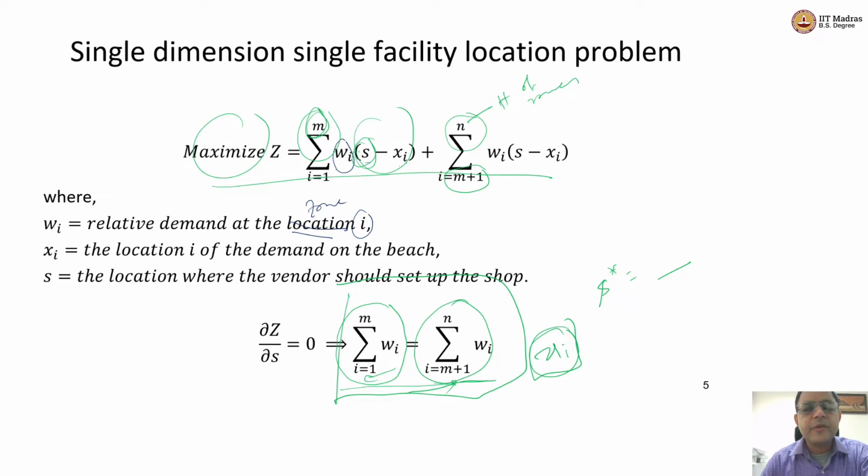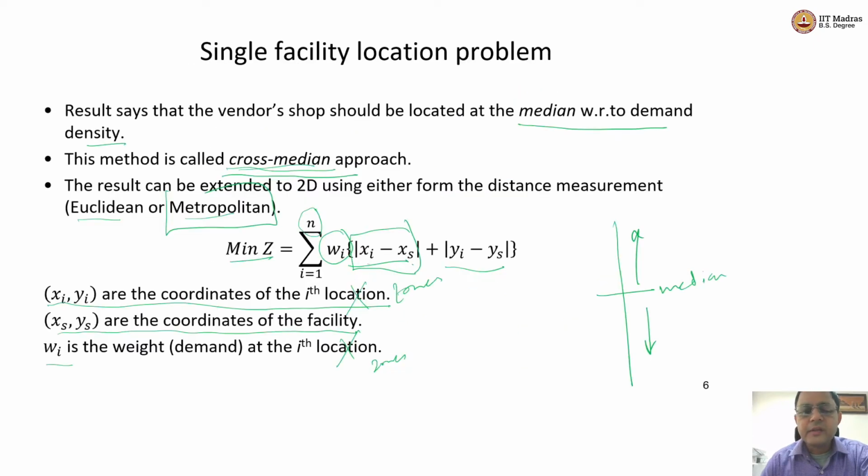Just that this objective was solved in a single dimension, and now we are trying to solve it in 2 dimensions. xi, yi are the centers of the locations of the zones, and xs, ys are the potential locations of the facility. xs, ys are our decision variables, the location of the facility.